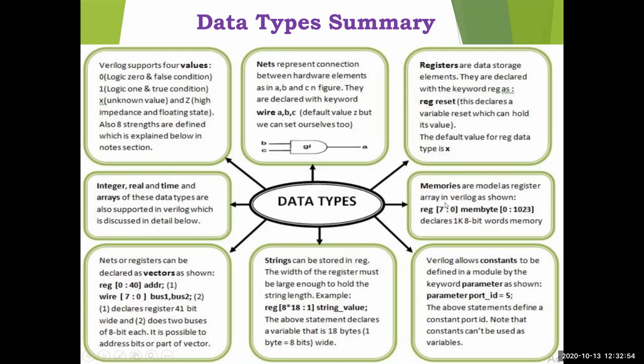Memories are modeled as register arrays in Verilog, for example a 1k 8-bit word memory. Constants are defined in Verilog by the parameter keyword. Then we used strings: for characters stored in a register, the width of the register must be large enough to hold the string length. These are the basic concepts of data types.